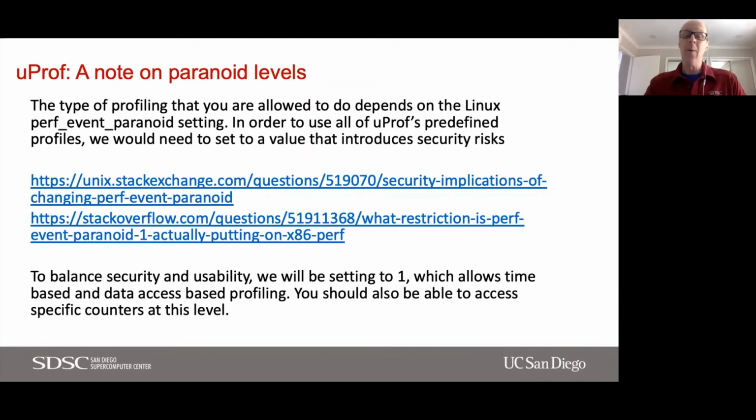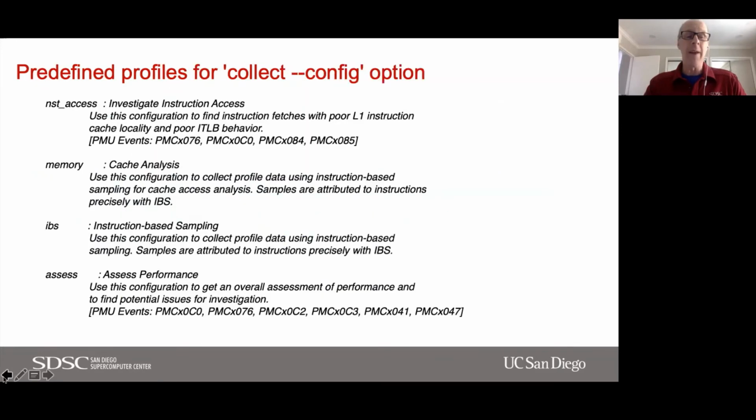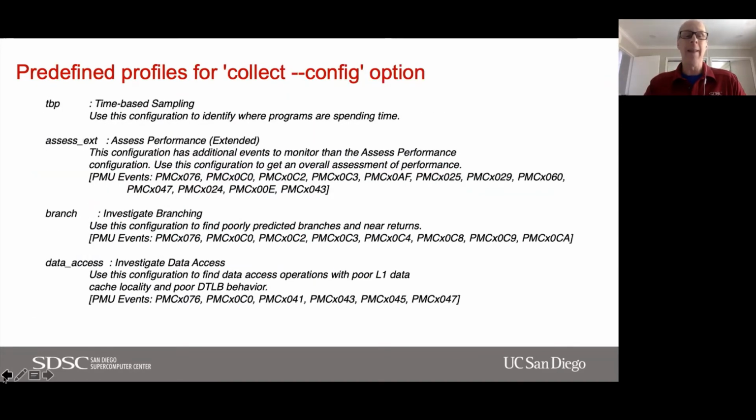And you can also access specific counters. The problem is, if I go back and I look at, let's say, branch prediction, there are eight separate counters that are being accessed. That's over the limit for what's allowed with our default level for the paranoid setting.